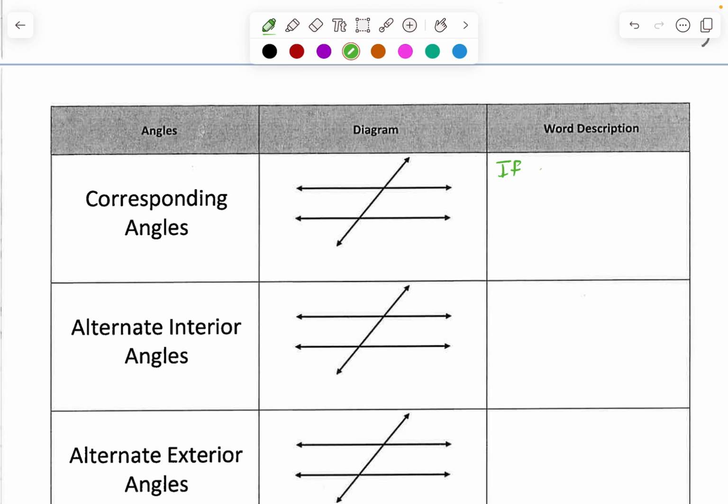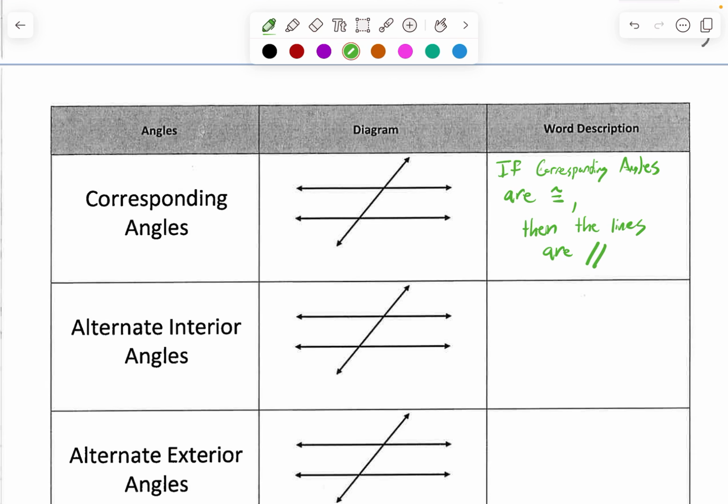If the corresponding angles are congruent, then the lines are parallel.